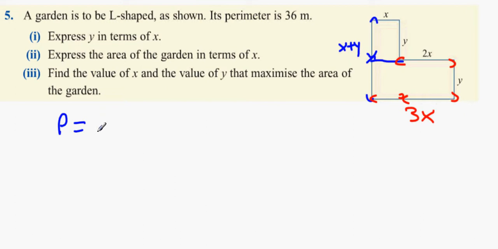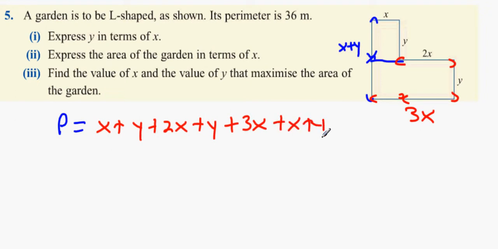So now we know the perimeter is going to be equal to, going this way, x plus y plus 2x plus y plus 3x. Then we're here, plus x plus y. Then we count how many x's we have. So p therefore is x, 3x, 6x, 7x. So it's going to be 7x, and y is 1, 2, 3, so plus 3y, and this all equals 36.